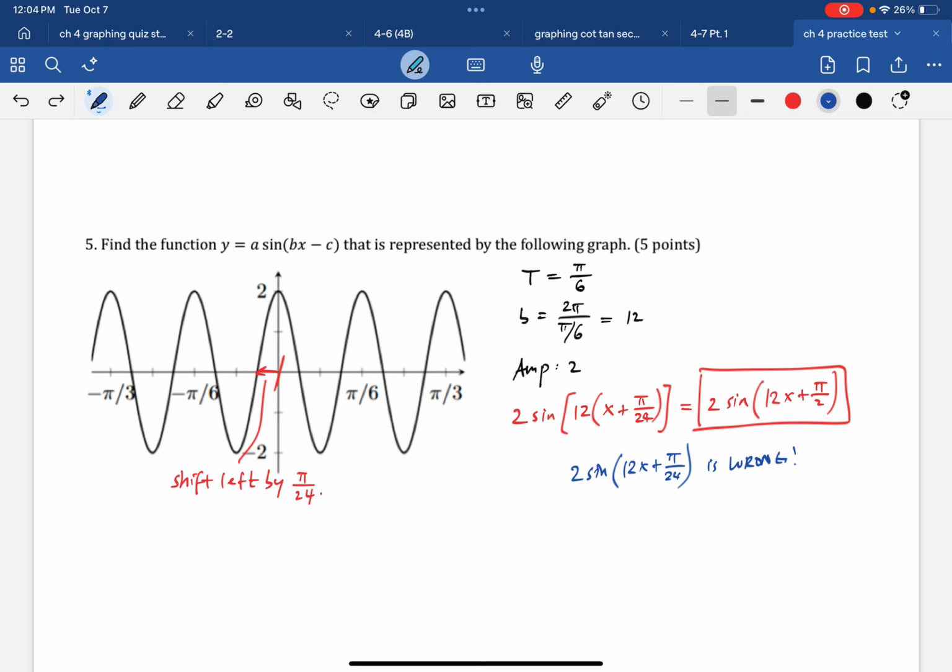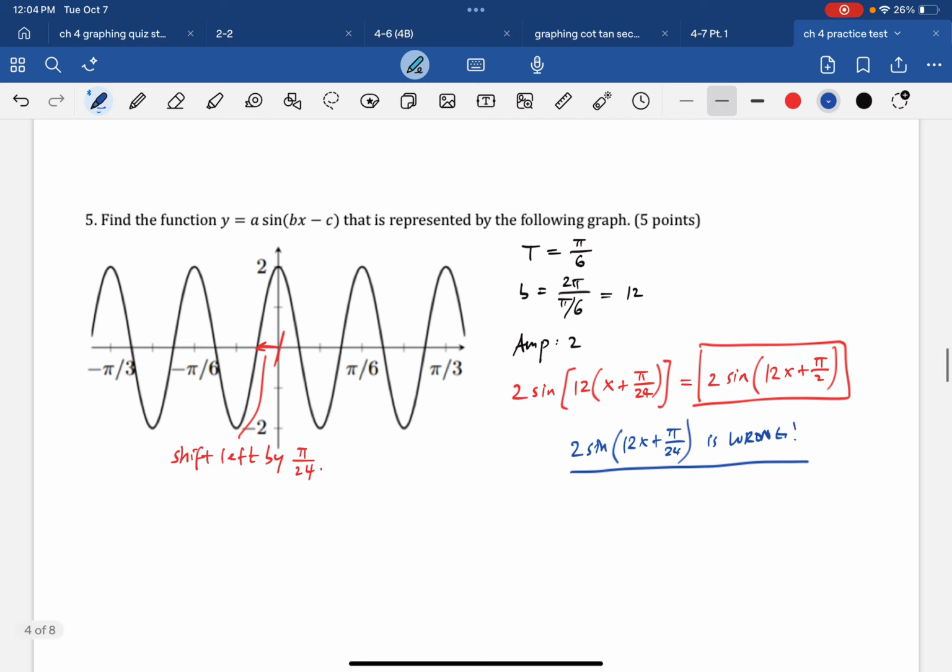The horizontal shift, both for identifying equations and also graphing equations, is only valid when you have the inside factored such that the coefficient of x is 1 within its parentheses. So please note that 2 times sine of 12x plus pi over 24 is wrong.